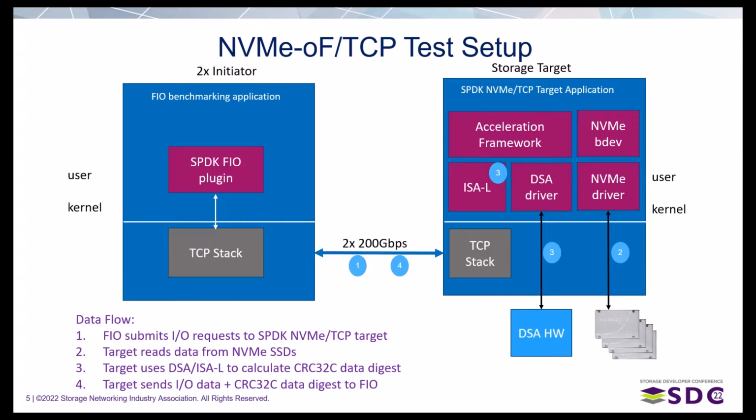When the target receives those requests, it submits a request to the device and reads the data. Then, if we have the data digest enabled on the target side, the target uses the SPDK acceleration framework component to compute the data digest.